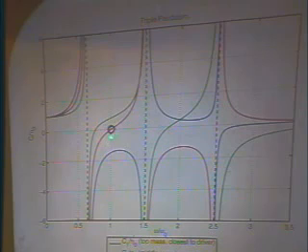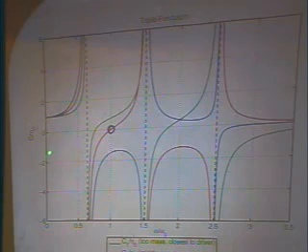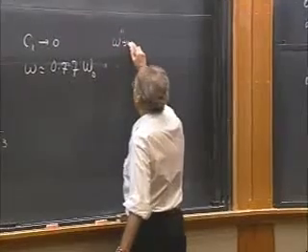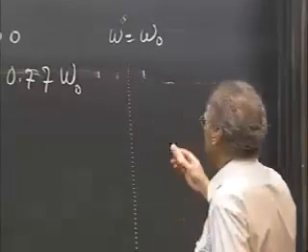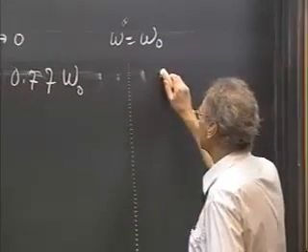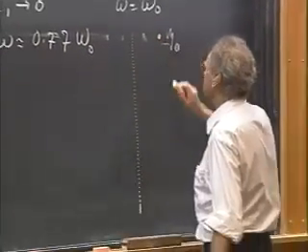The top one has an amplitude of about 0.7 eta 0. I just eyeball that. And the bottom one has an amplitude of about minus 1.5 eta 0. And let me try to make a drawing of that. So this now is at omega equals omega 0. So my hand is here, which is eta 0.